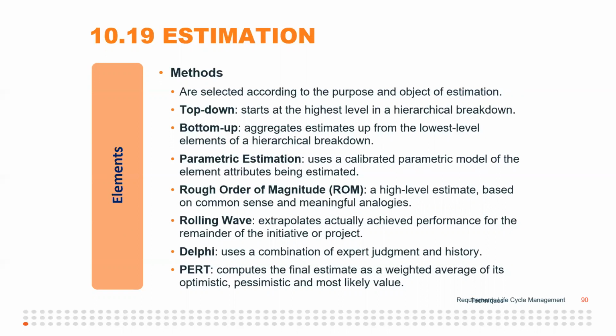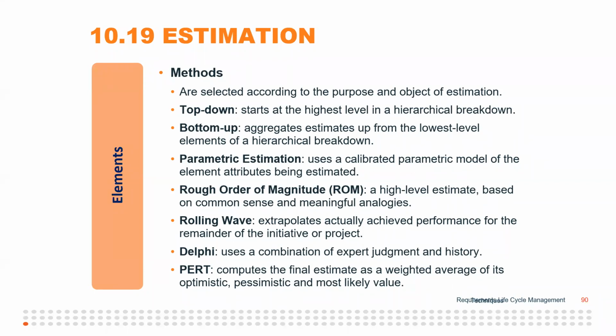There's also rough order of magnitude, so that's a high level estimate that's based on common sense and analogous situations, where what the estimate was in that case, or what the reality was in an analogous situation. And then rolling wave, which I've never used before. That extrapolates the actually achieved performance for the remainder of the initiative or the project. And then the Delphi, which uses a combination of expert judgment and past history of estimates in similar situations or with similar things.